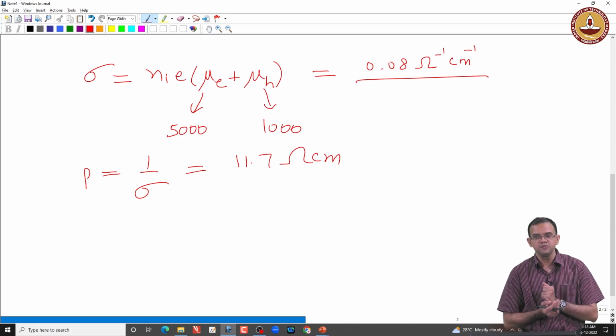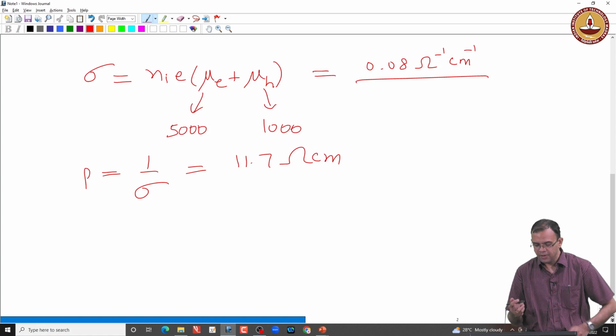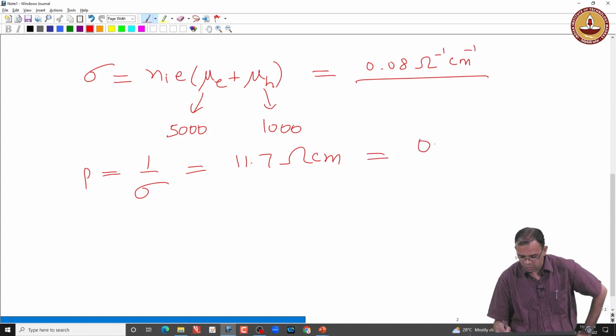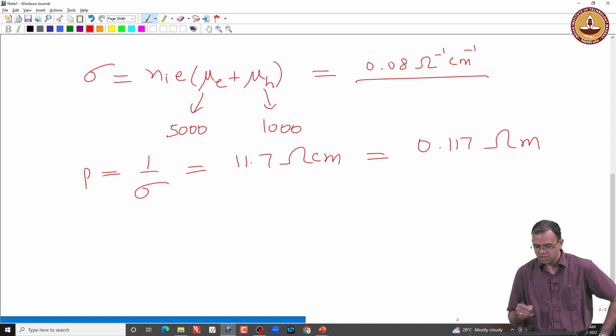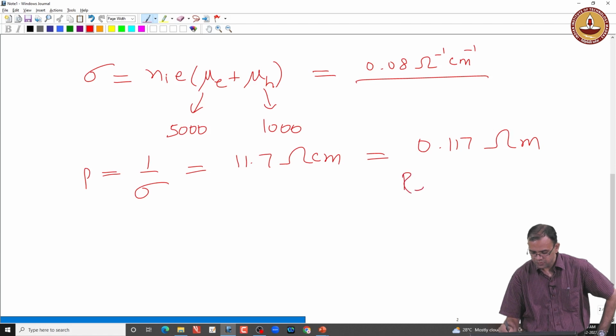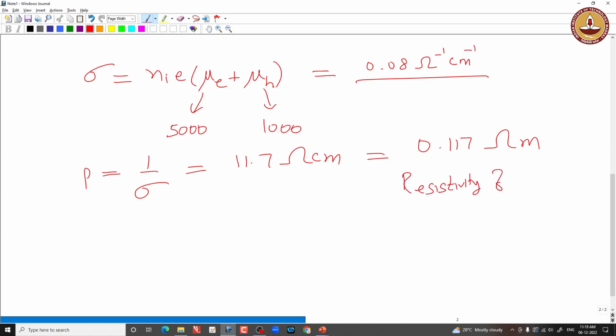So what do we do? Just a unit conversion, right? So let's put it in ohm meters. So you have to divide by 100. So this is 0.117 ohm meters. So this is the resistivity of gallium antimonide at 300 Kelvin.